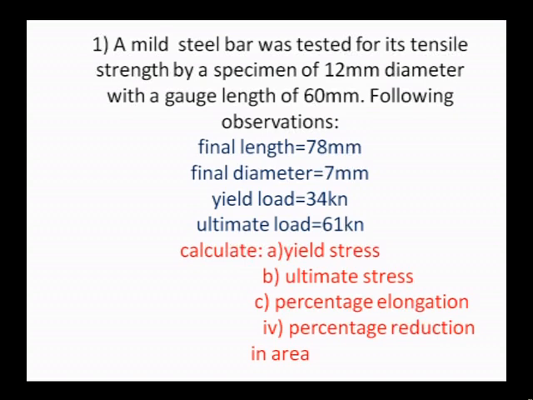In the first case, the problem is: a mild steel bar was tested for its tensile strength with a specimen of 12 mm diameter and a gauge length of 60 mm.